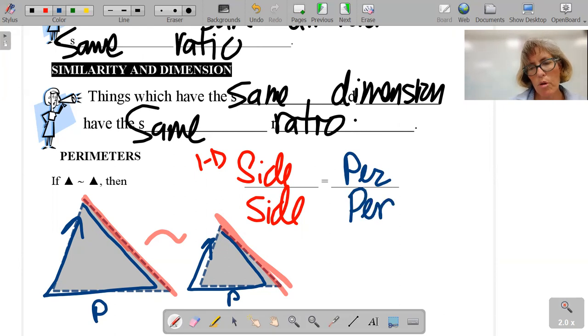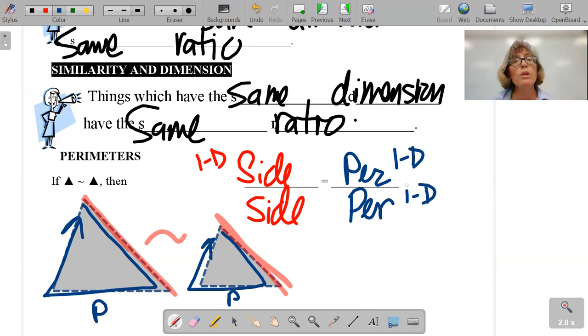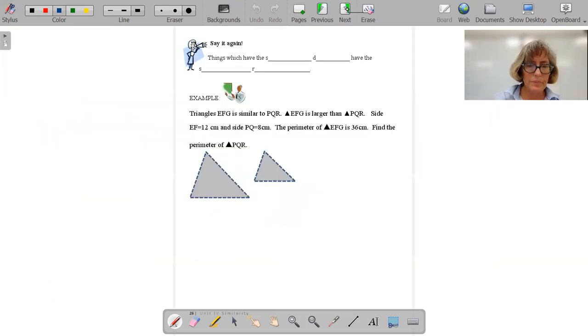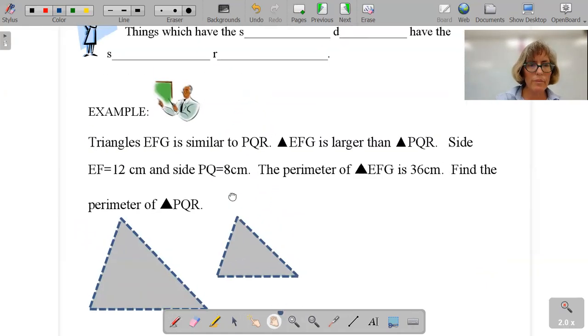Perimeter over perimeter. And the reason why is because perimeter is also 1 dimension. So the ratio of the perimeters will be the same as the ratio of the sides, because things that have the same dimension have the same ratio. We'll do an example together, just one.